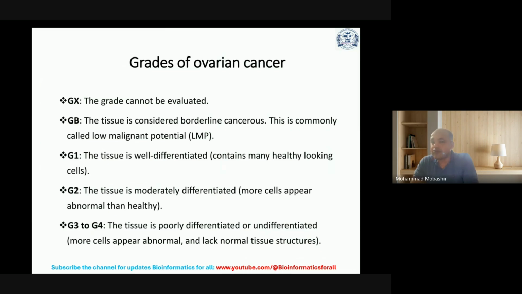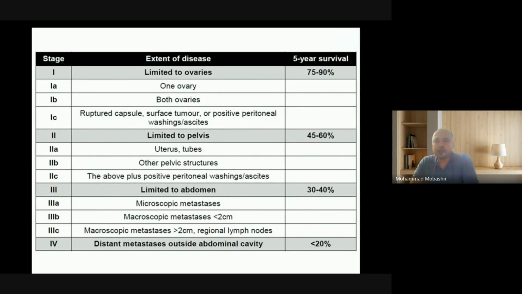Here we are talking about the cancer tissue. It contains mainly healthy looking cells. Then G2, the tissue is moderately differentiated. More cells appear abnormal than healthy. G3 to G4, the tissue is poorly differentiated or undifferentiated, and more cells appear abnormal and lack of normal tissue structures are present.